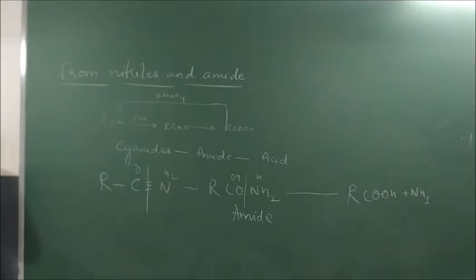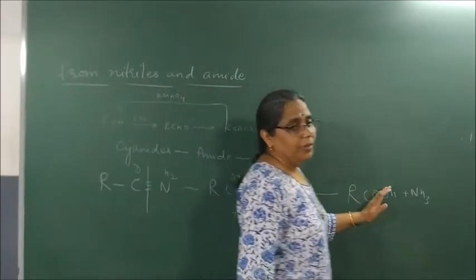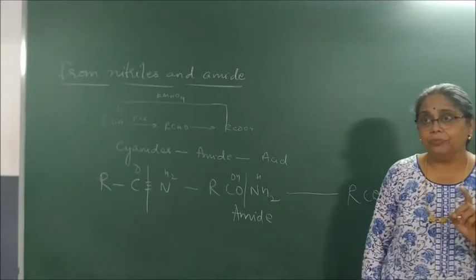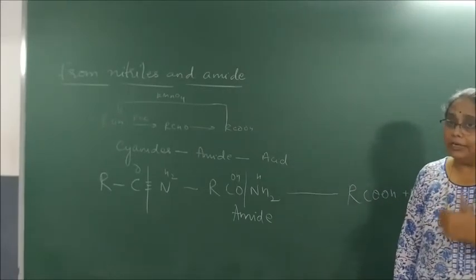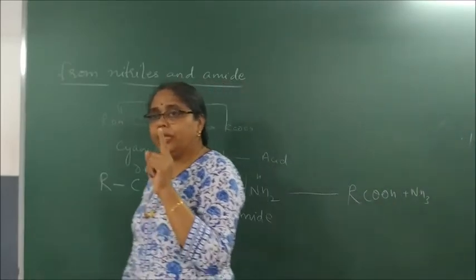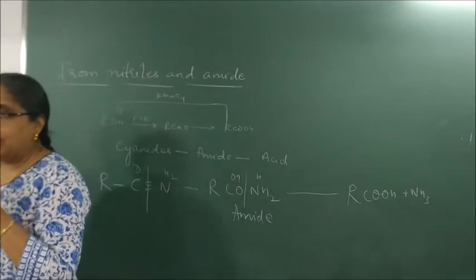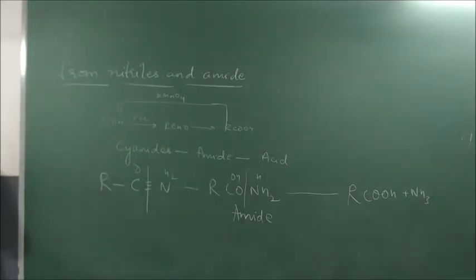Cyanide will be converted into amide, which will be converted into acid. So if I want the conversion of any compound into an aliphatic acid, I should convert that compound into haloalkane. That haloalkane should react with AgCN or KCN, you have to find out which.